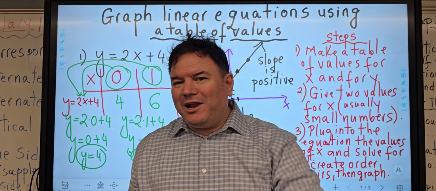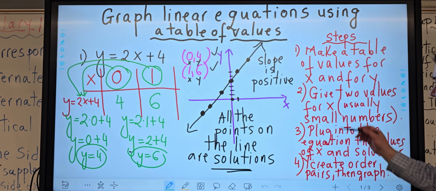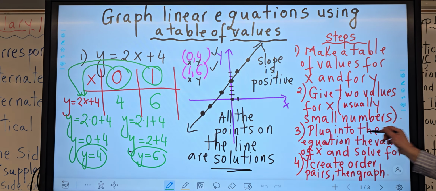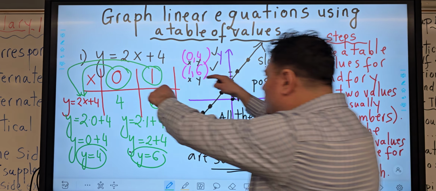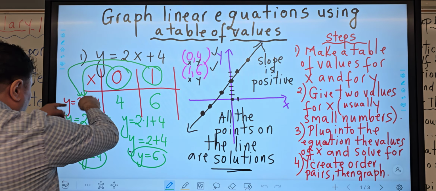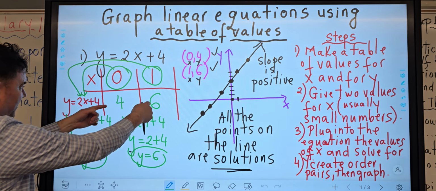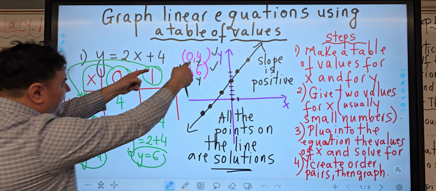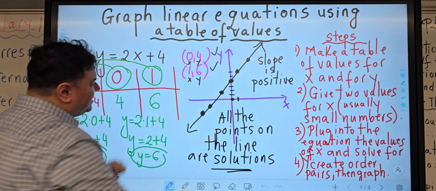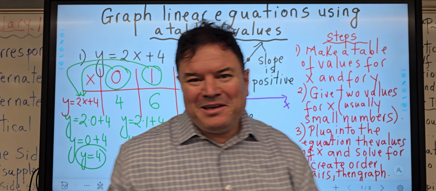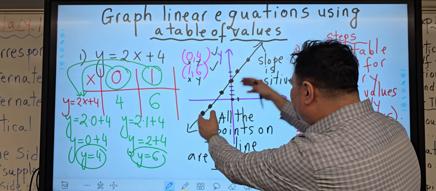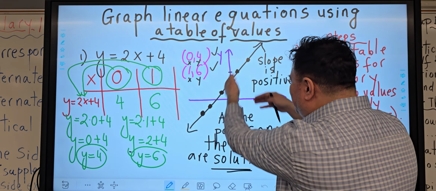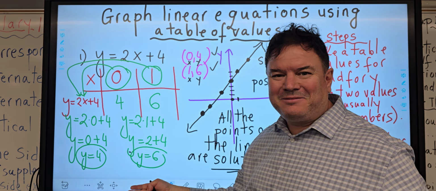Step number 3, plug in those values for x into the equation and get a y. Next step, create the order pairs. And finally, plot those order pairs into the graph and connect the dots.